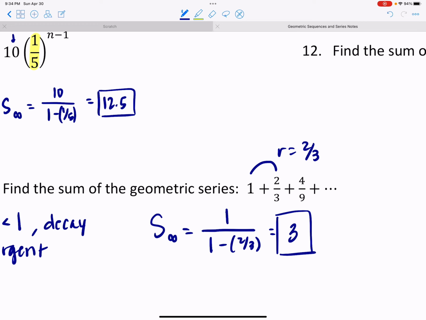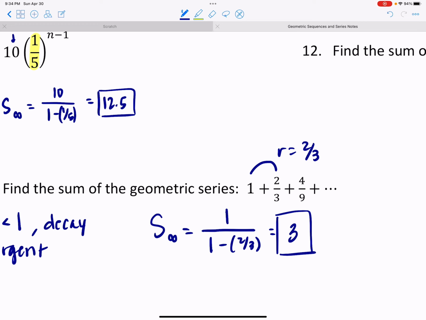Again, the fractions that we add on have less and less of an impact. What we would see is our sum getting closer and closer to 3. We'll never actually get there, but we would approach that value. Just like the fractions never get to 0, this sum will never get to 3. We would say it approaches 3 or converges to 3.